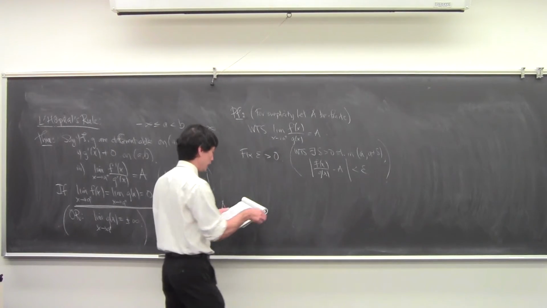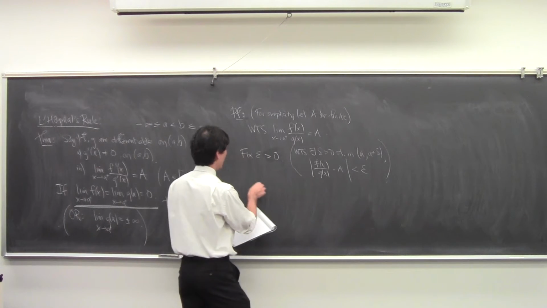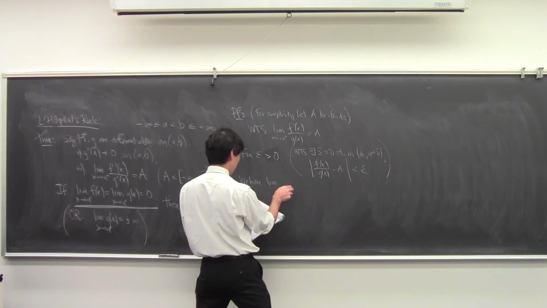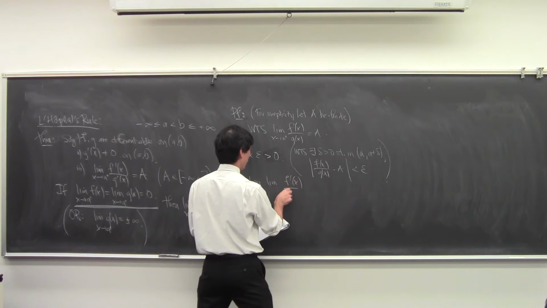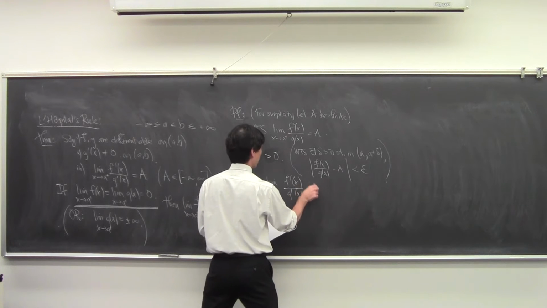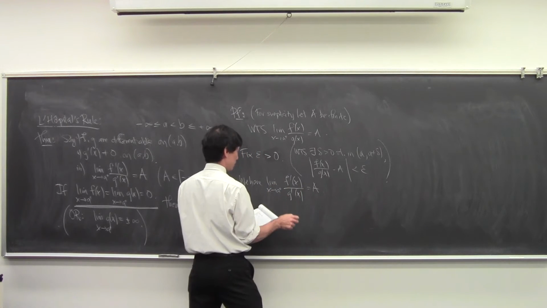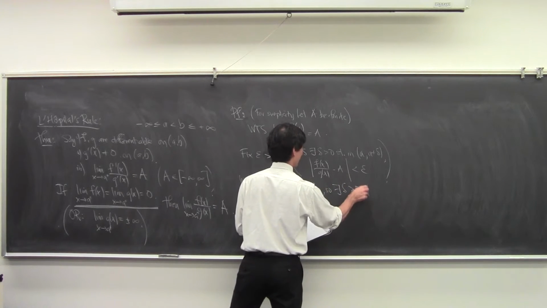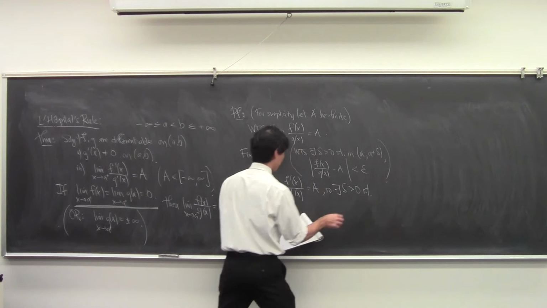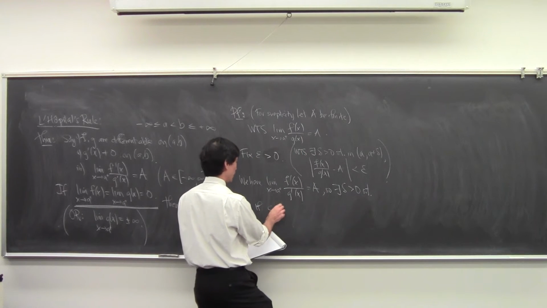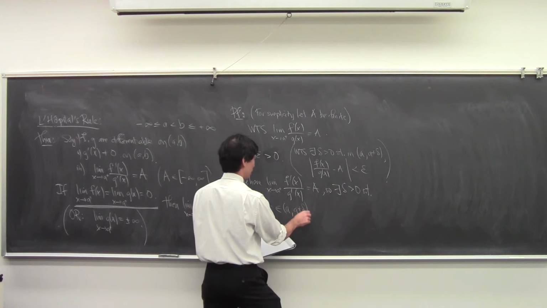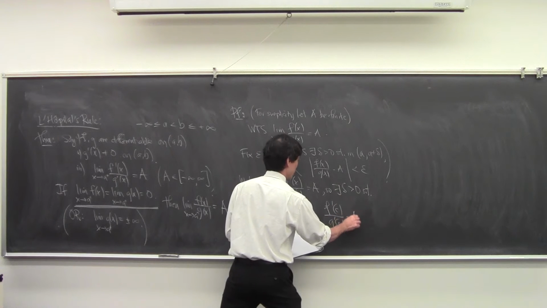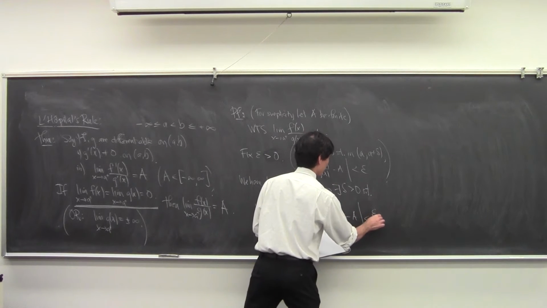Okay. So we know we have that the limit of f prime over g prime is A as x goes to a plus. So there exists a delta such that for any point c in (a, a plus delta), |f prime of c over g prime of c minus A| is smaller than epsilon over 2.